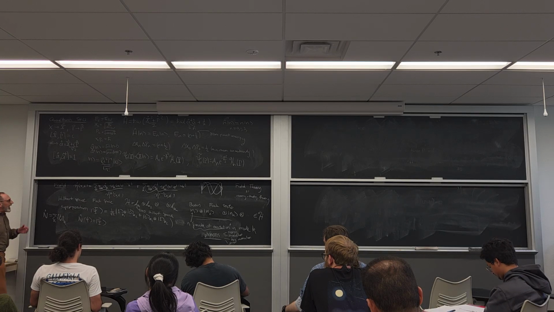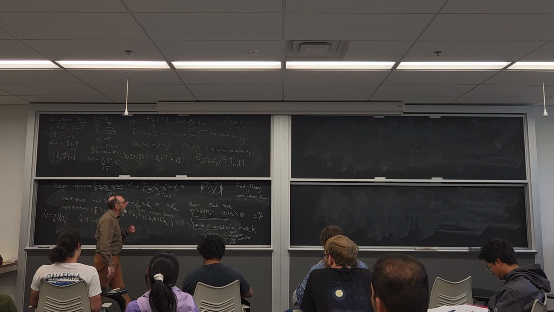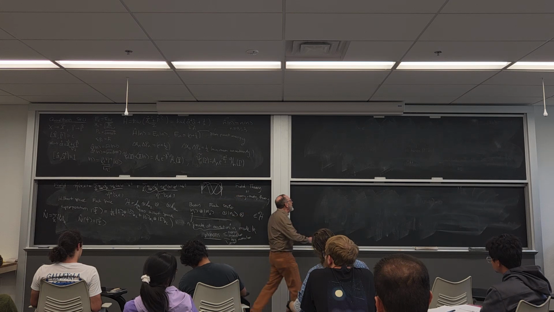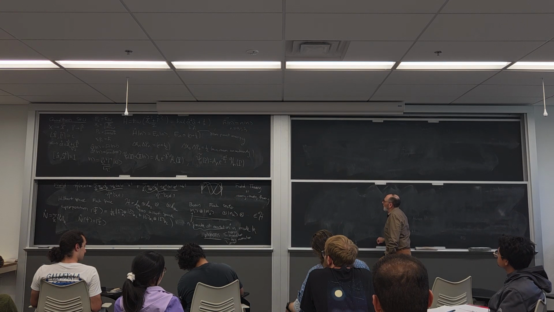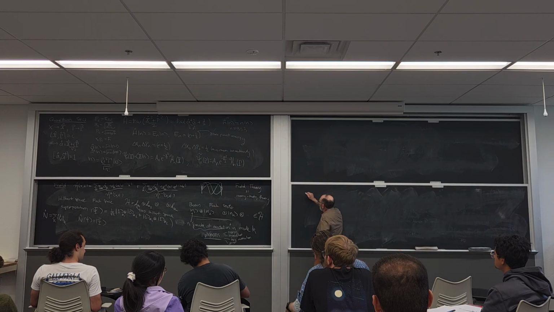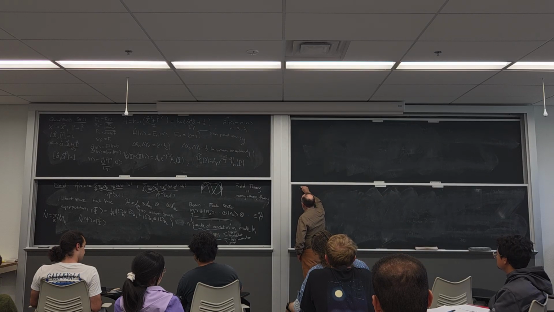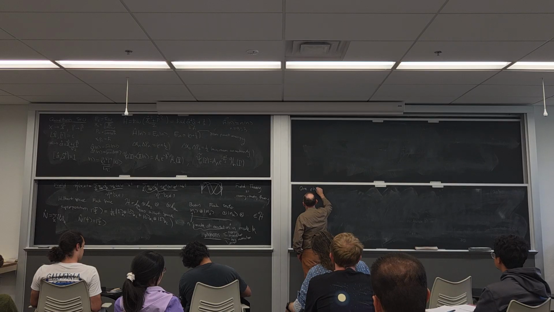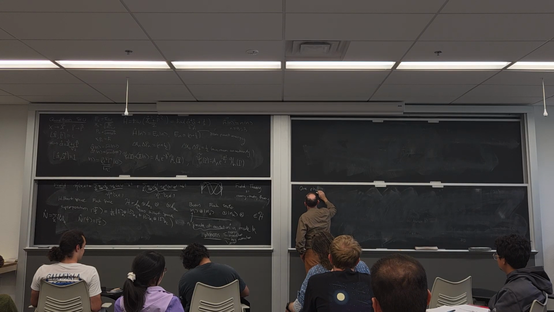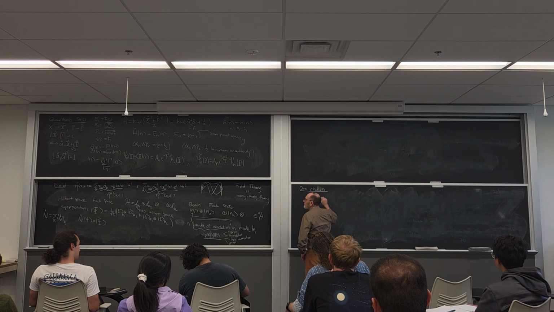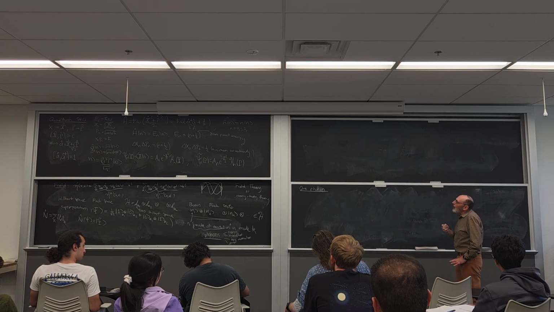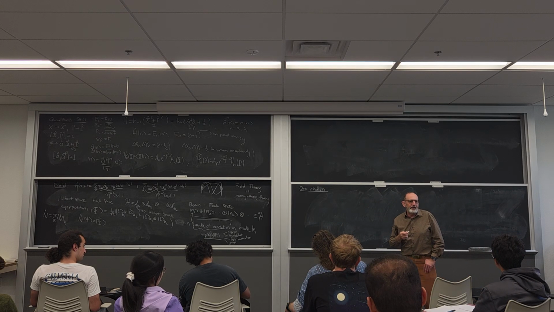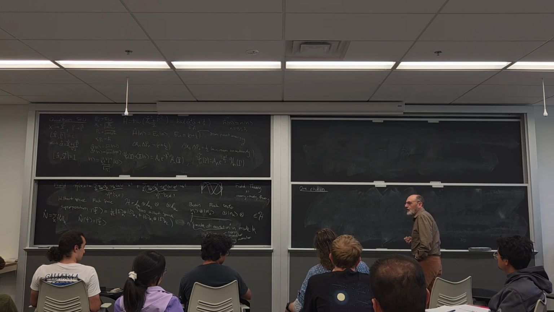Now, as I was saying last time, if I restrict myself to, let's say I have 1 phonon. Okay. If I have 1 phonon, which is not necessarily in a given mode, right?